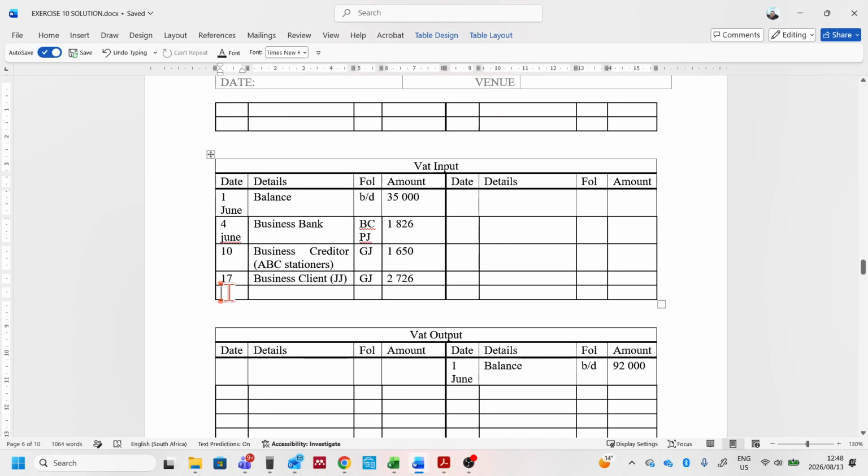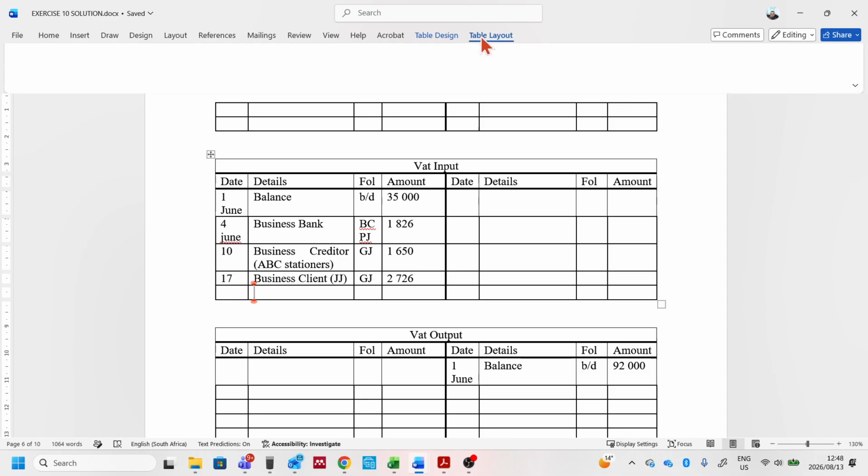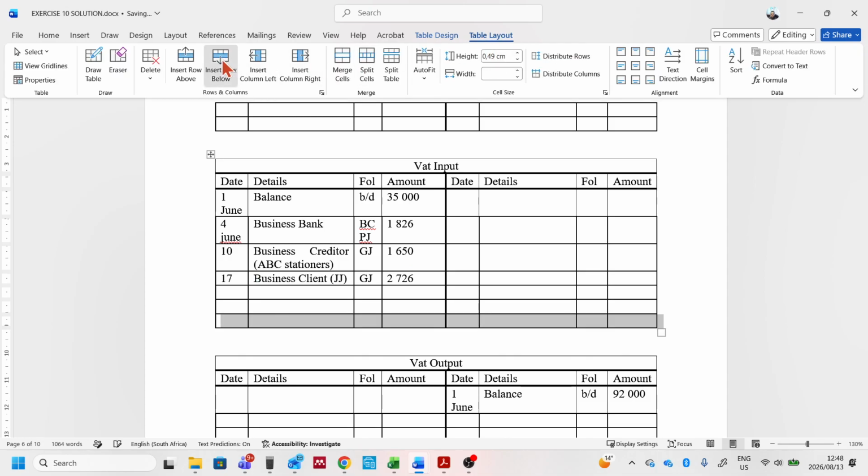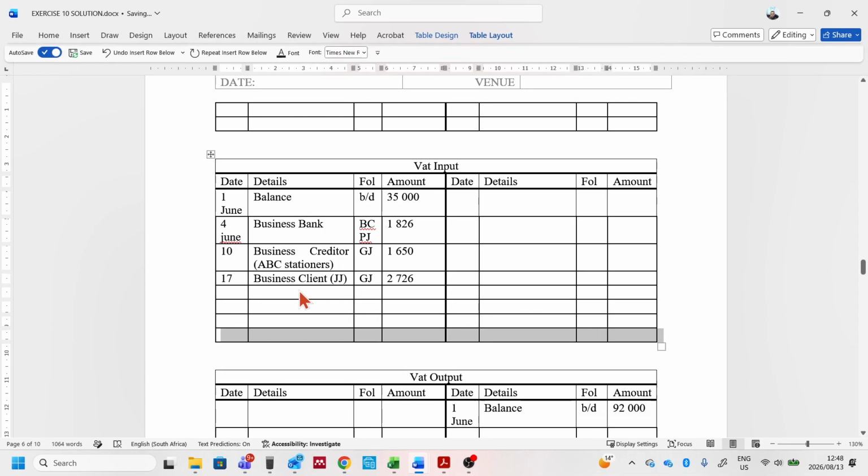We bought the computer, so I'm not going to write the 17th. I'm going to add a few more lines. On the 17th, the date is the same, so we don't have to write another date again. So this time around, what were the accounts affected?